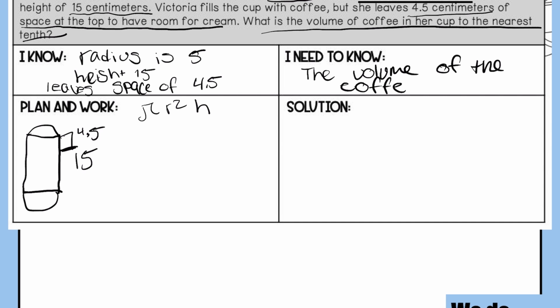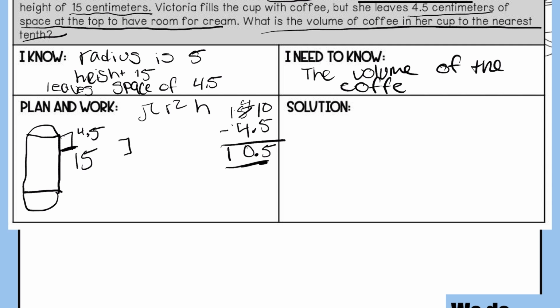We have to find out what is 15 minus 4.5. So we can subtract that. We get 5, bring our decimal down, 4 minus 4 is 0, 1 minus 0, so you get 10.5. So our new height there is 10.5.